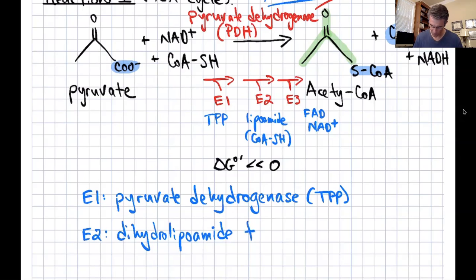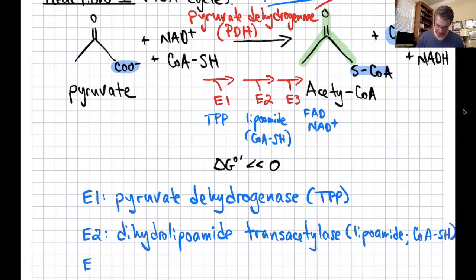Transacetylase. You'll see why in a bit. And this is the enzyme that needs both lipoamide and reduced CoA. Right?